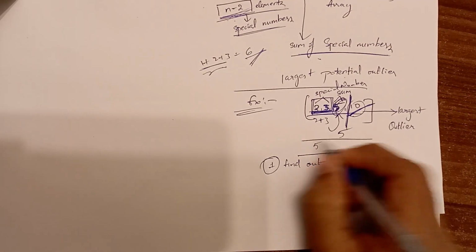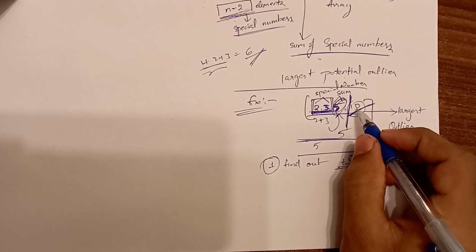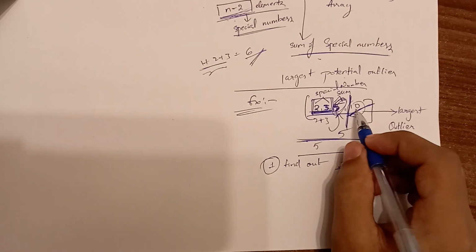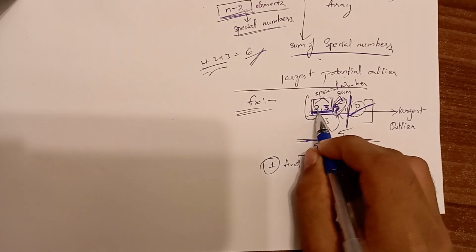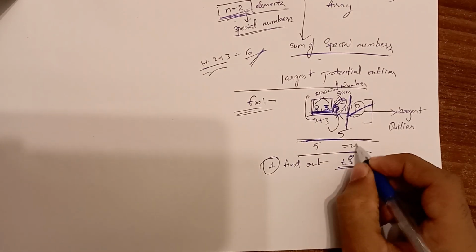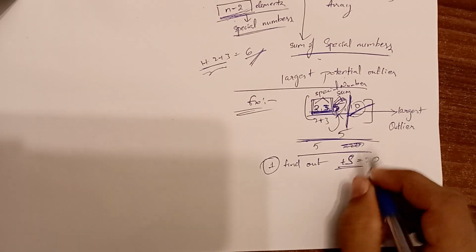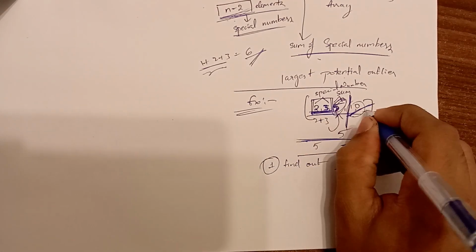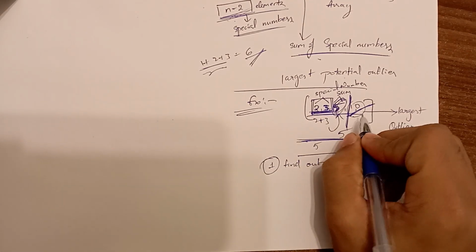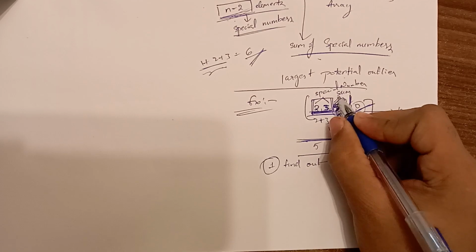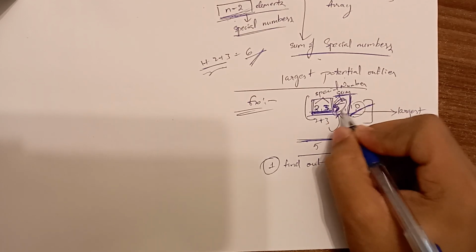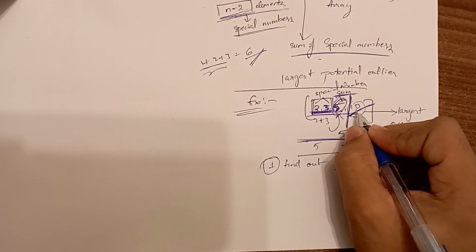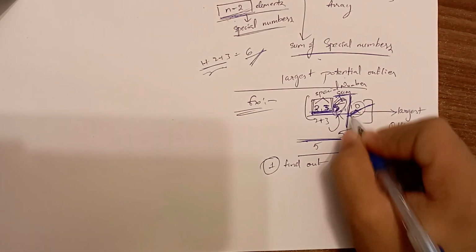The sum here will be 10 plus 5, 15 plus 5, 20. So the total sum will be 20. Now, we need to iterate through these elements, take the current element as the sum, and find out what the outlier is.